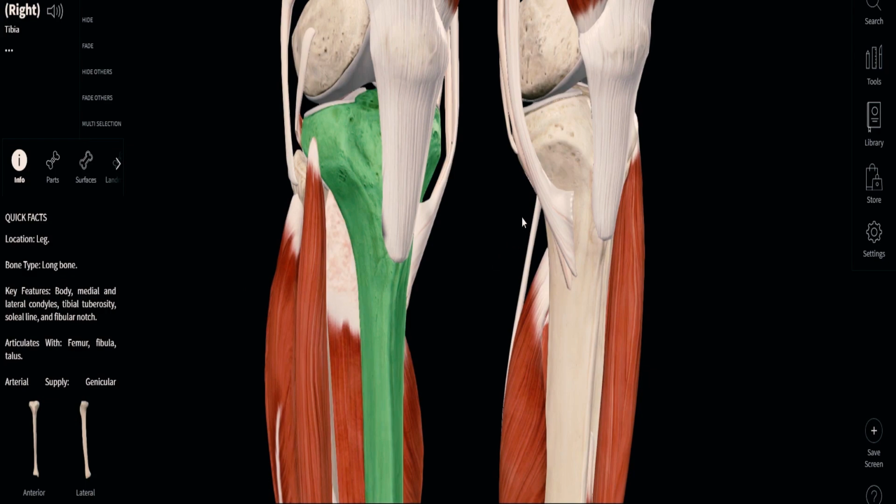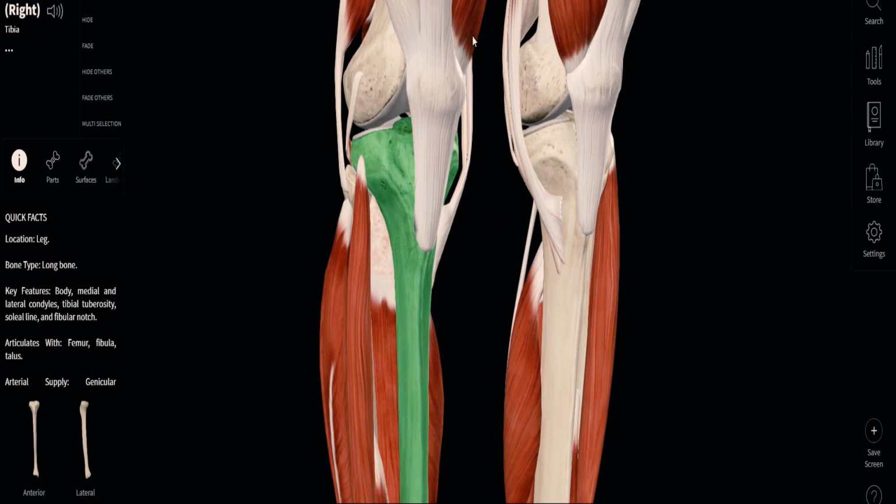In this case, given that it's the quads, which extend or straighten the knee, that's the movement that's going to be produced, whether that's in an isolated sense during a leg extension on the machine in the gym, or when you're driving up from a jump, slam dunking, jump squat, whatever it may be.